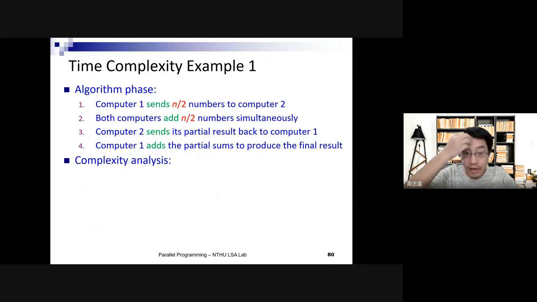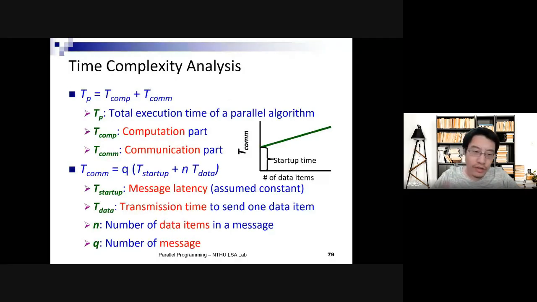So for computation time, it's all the same, but the only difference is, of course, for a sequential program, every instruction or every operation you try to count is executed in a sequential way. So what you did is to count the number of operations. But here in a parallel program, those operations could be executed in parallel at the same time, right? So if those operations can be executed at the same time, then we will just ignore them.